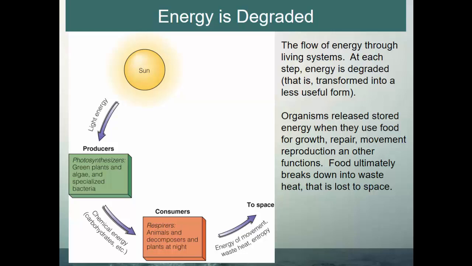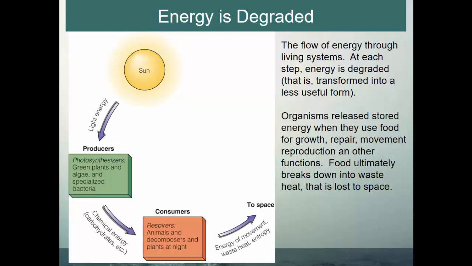So you have sunlight that comes in, and the primary producers, green plants and algae and some bacteria, photosynthesize that sunlight into carbohydrates. And then consumers consume those carbohydrates. When a fish eats a plant, or when you eat some vegetables, you're consuming that primary producer.